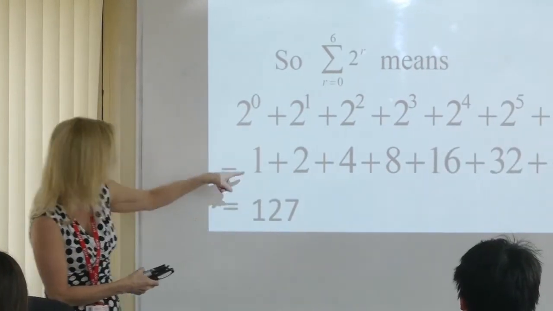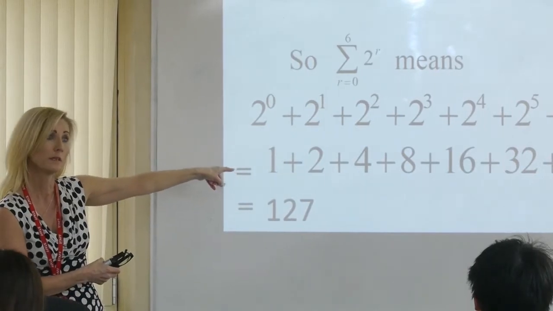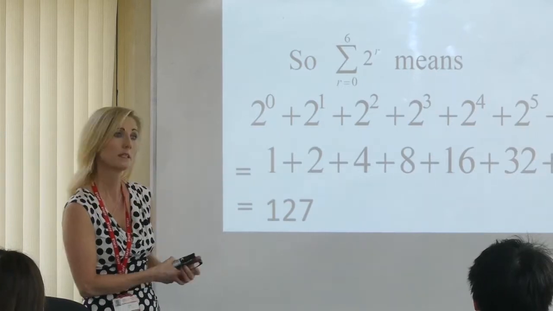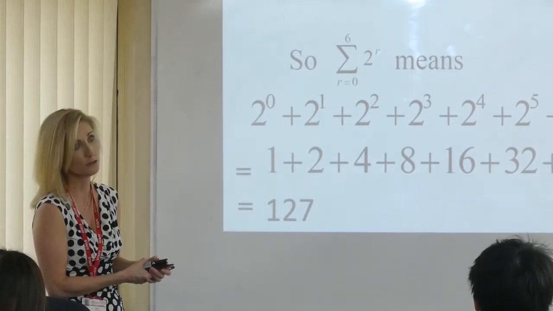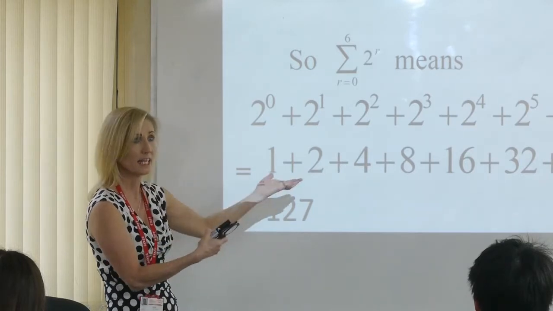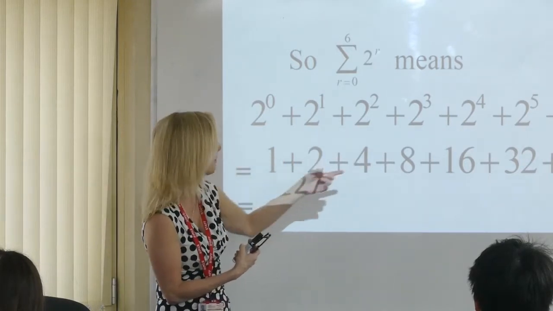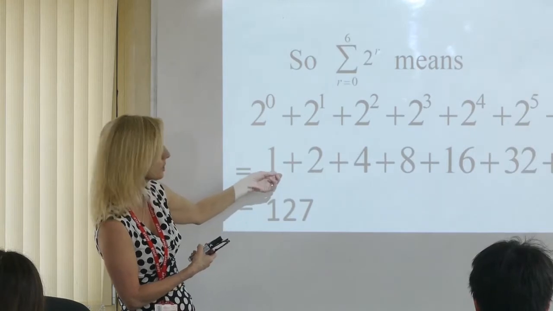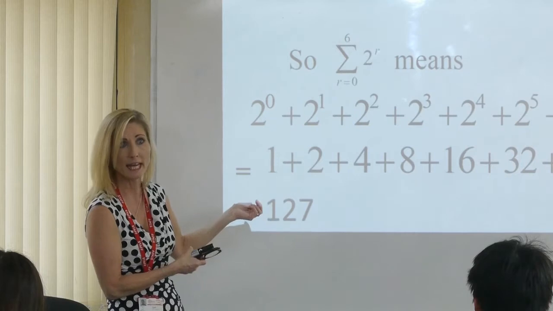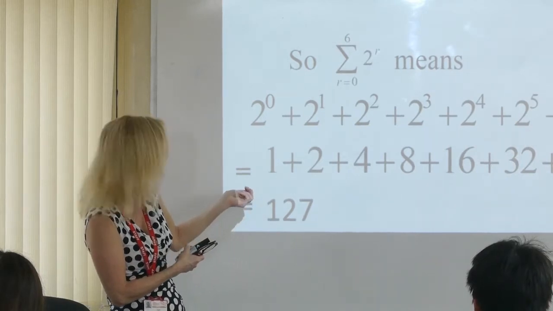What type of sequence is this one on the board? Oswald, have a little look at it. What type of sequence is it? It's a geometric progression. So rather than simply work with your calculator, if you had an awful lot of numbers, like here you've only got 7 different terms, but if you had a lot of numbers, you wouldn't want to have to sit through and add those up, would you? Be very tedious.